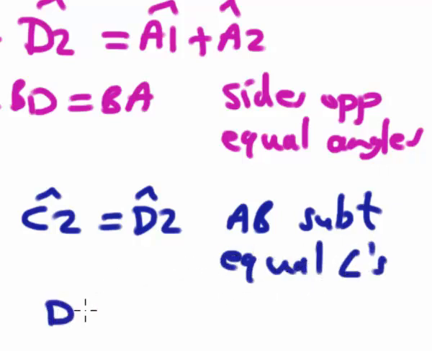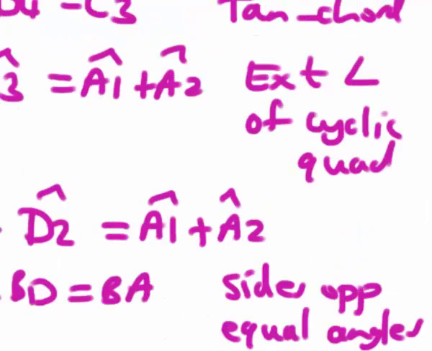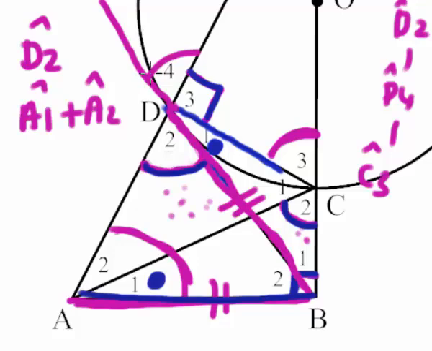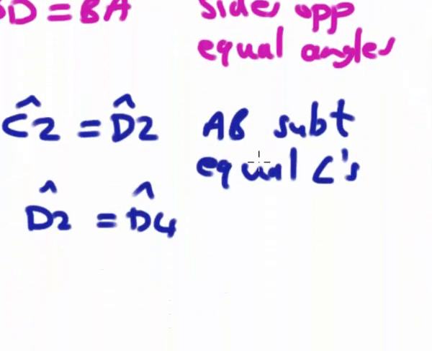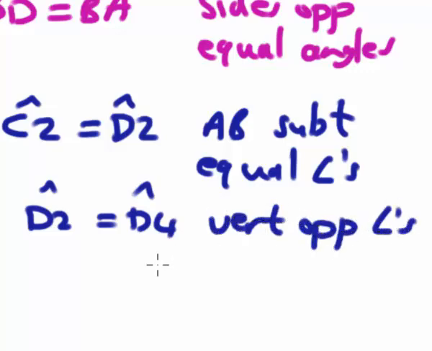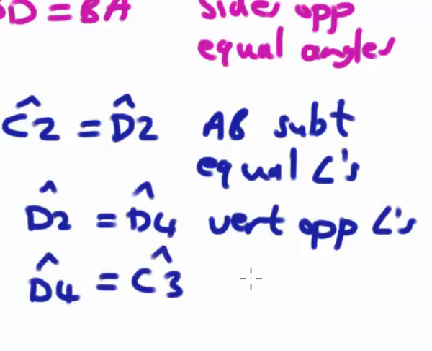And then what about D2? D2 is D4. And what's the reason for that? D2 is equal to D4, vertically opposite angles. So let's write that in. Vertically opposite angles there. And then what is D4 equal to? We know that is equal to C3 because of the tan chord theorem.